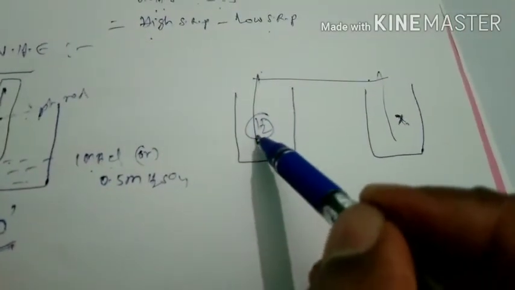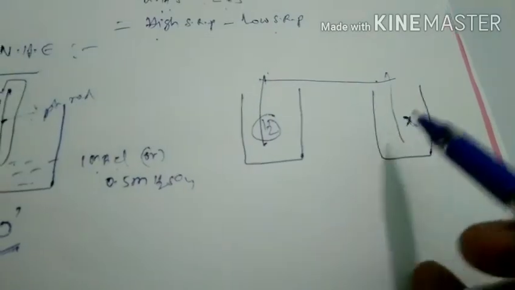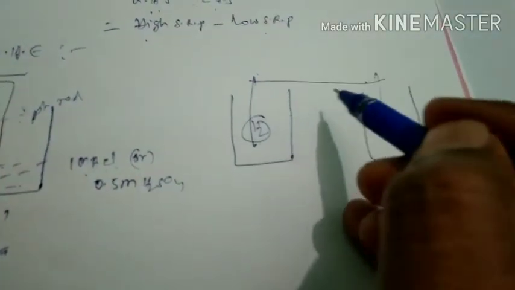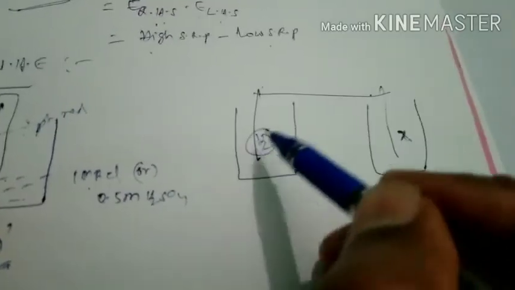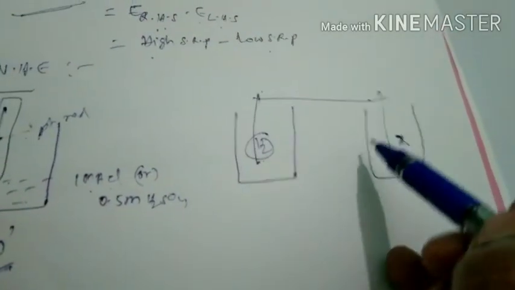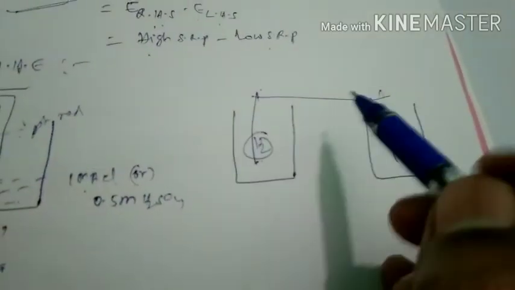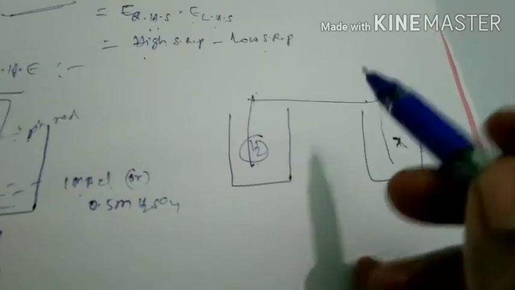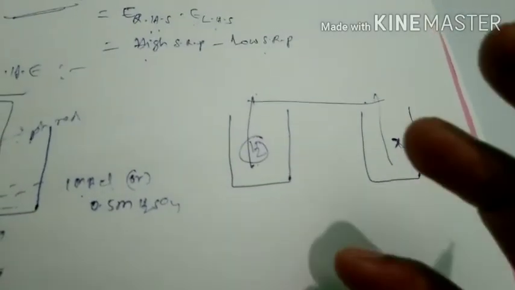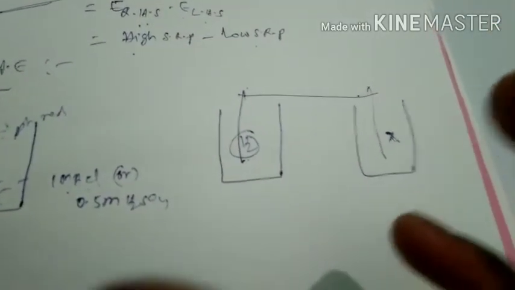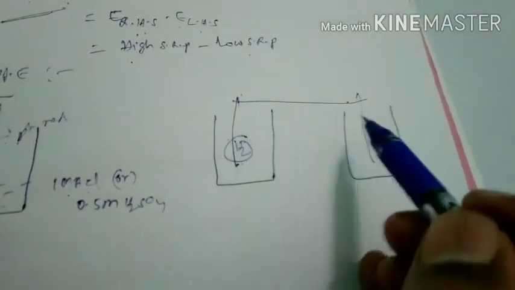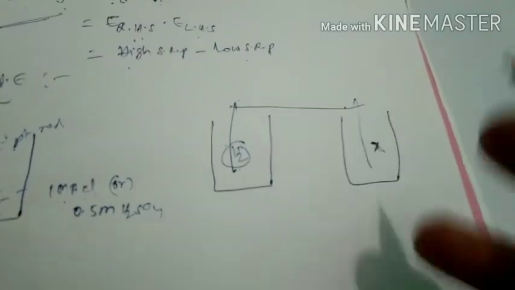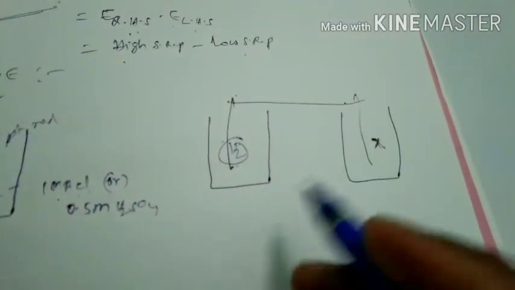Initially electrons flow from anode to cathode, then current flows from cathode to anode. When current flows from cathode to anode, then we can measure the potential, nothing but electrode potential. That means both exhibit some potential. When these metals are put in their own solutions, automatically they exhibit some potential. That potential is called electrode potential.